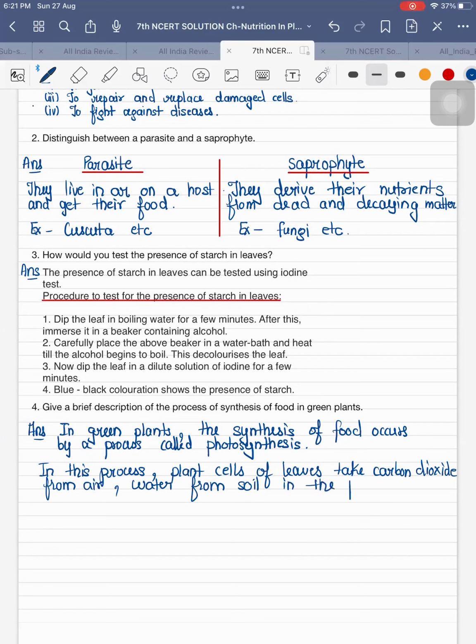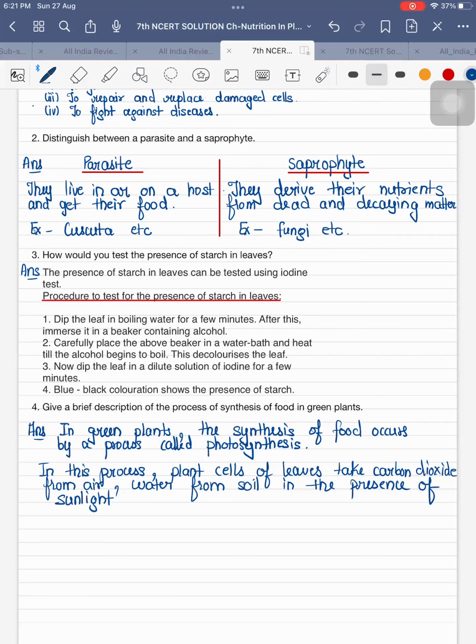in the presence of sunlight, which is trapped by chlorophyll.